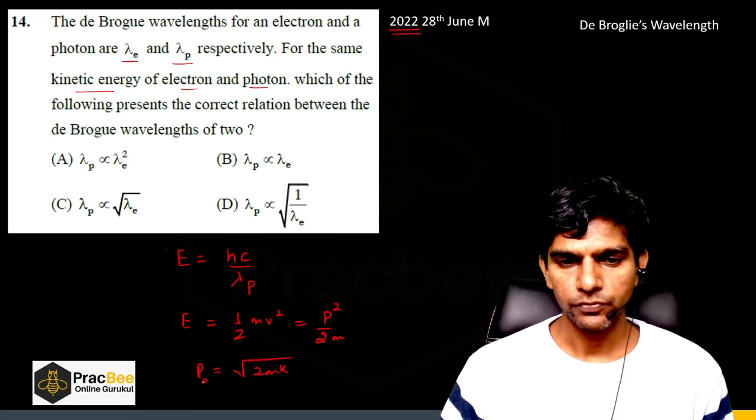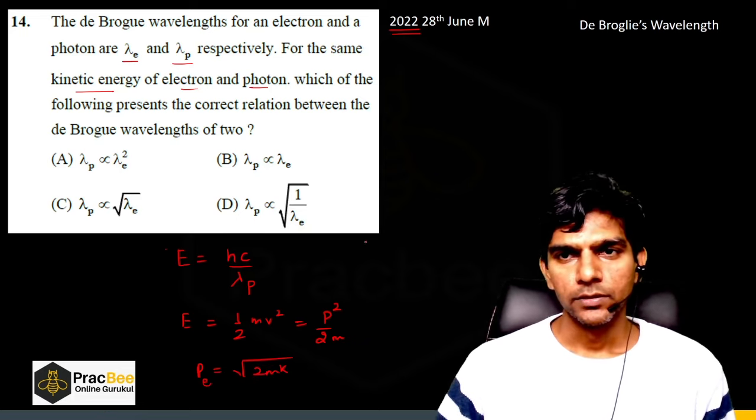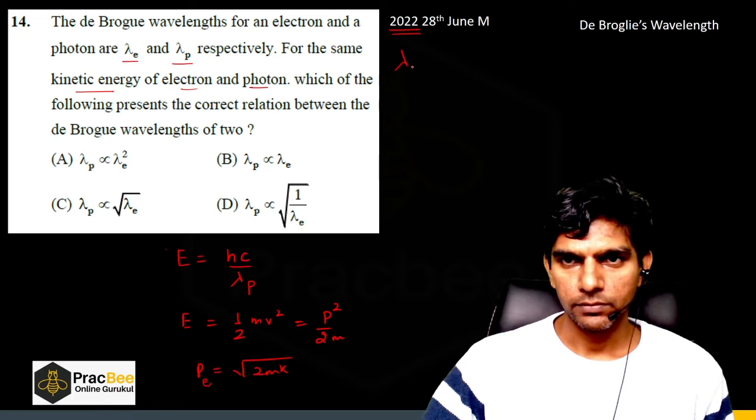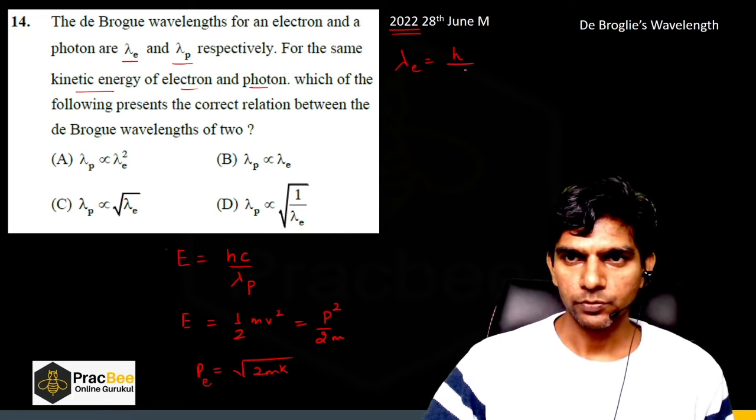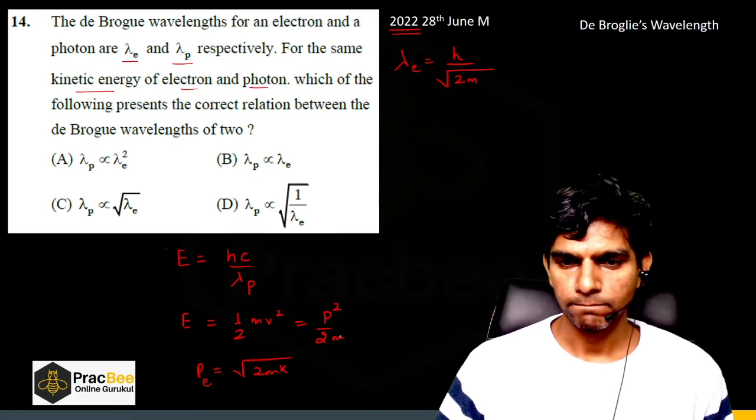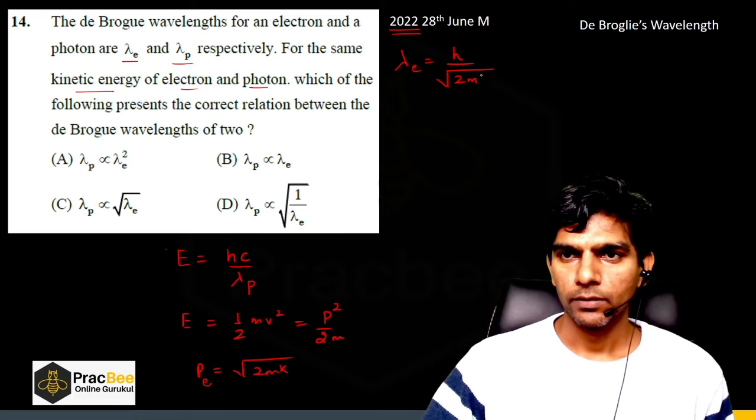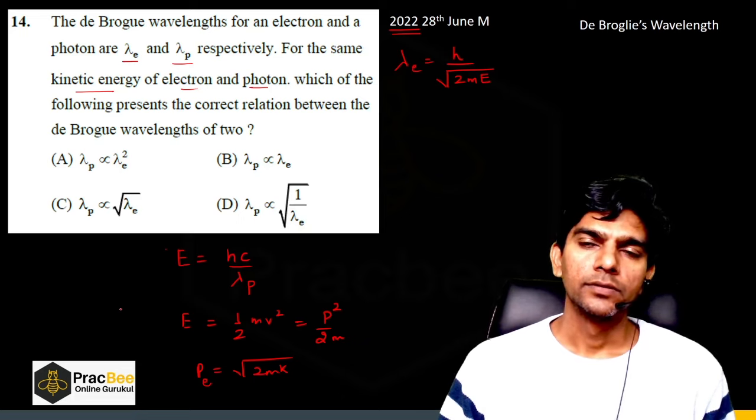This is the momentum of electron. So if you want to find the wavelength of electron, it will be h upon root 2mK, and K is nothing but E, right? So that is the wavelength.